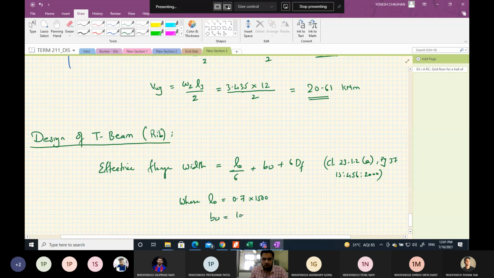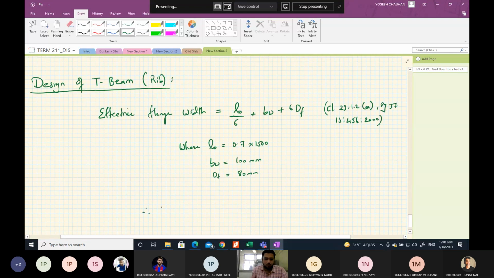BW is 100 mm and DF is 80 mm. So therefore B effective equals to 0.7 into 1500 divided by 6 plus 100 plus 6 into 80.